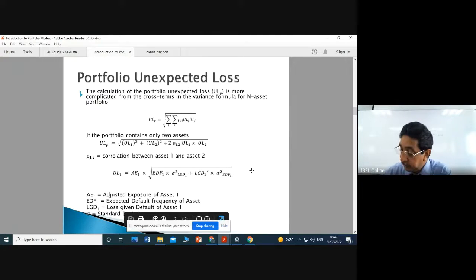Now when you do these things, you can get the individual loans' unexpected loss calculated. But to get the portfolio loss calculated, you have to apply the formula.